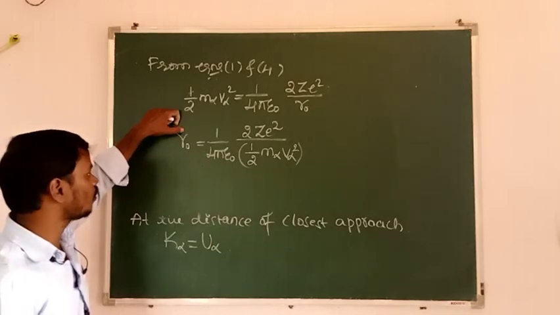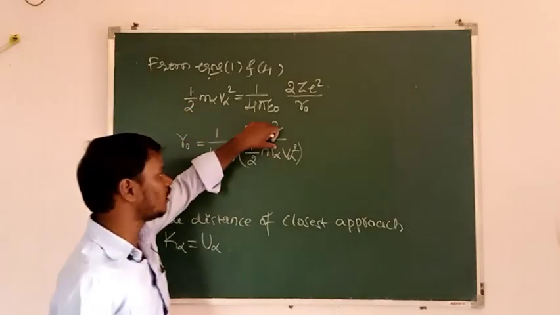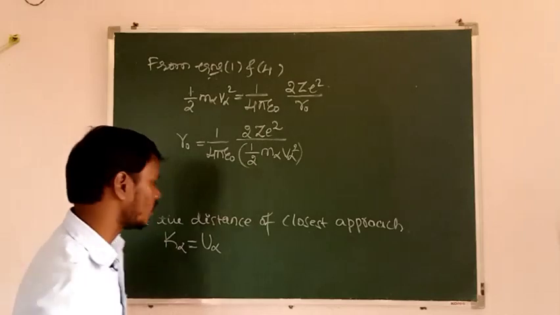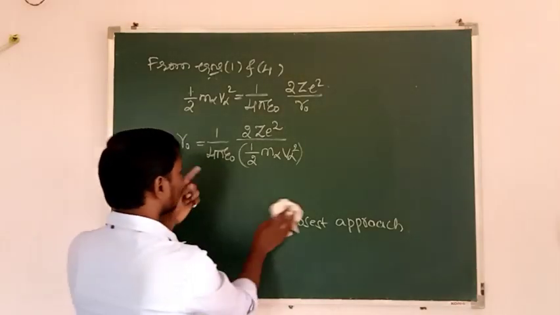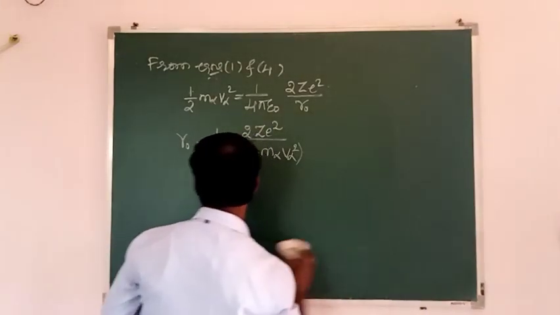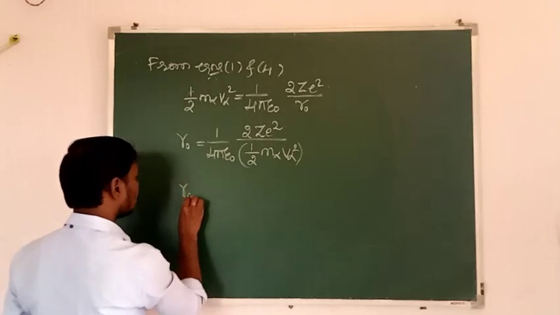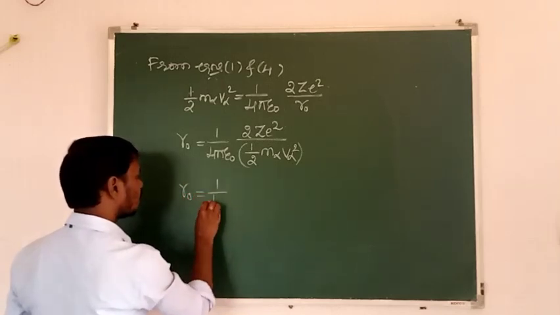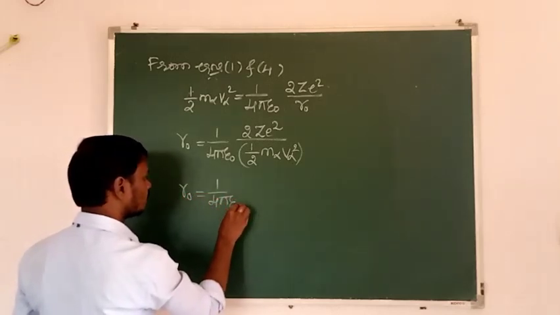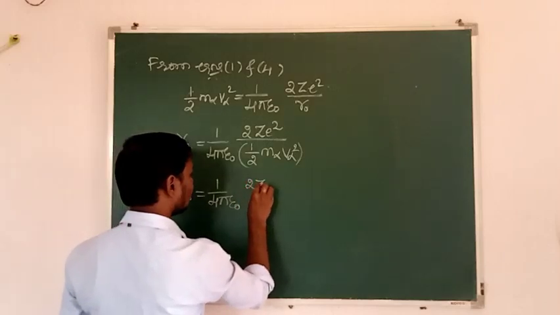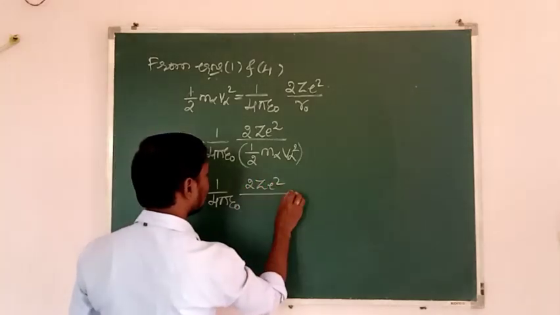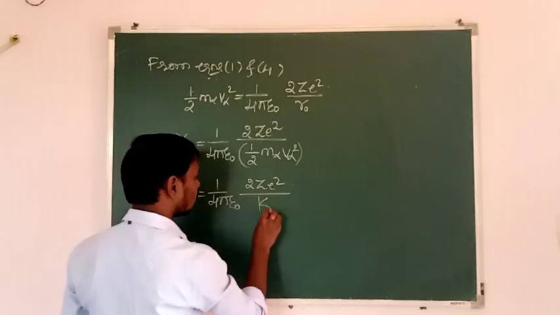The distance of closest approach depends on the kinetic energy of the alpha particle. So remember this formula. Then r naught is equal to 1 by 4 pi epsilon naught 2 Z e square divided by K. What is K here?